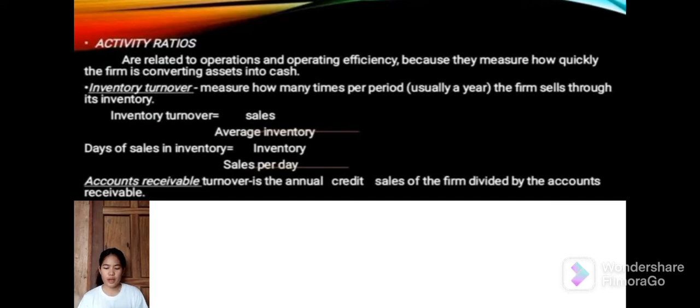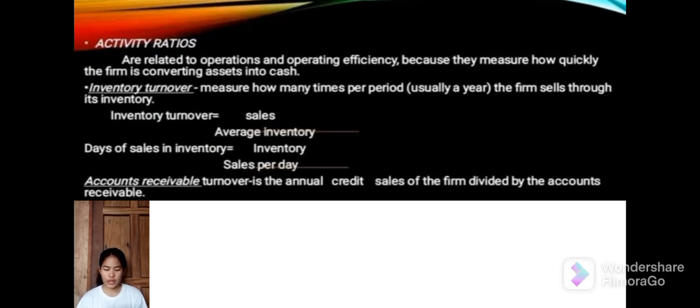Activity ratios are related to operations and operating efficiency because they measure how quickly the firm is converting assets into cash. The goal of the firm is to maximize revenue and minimize cost, and since there is a cost to carrying inventory and accounts receivable, the efficient firm will want to minimize the time that they hold on to cash assets.